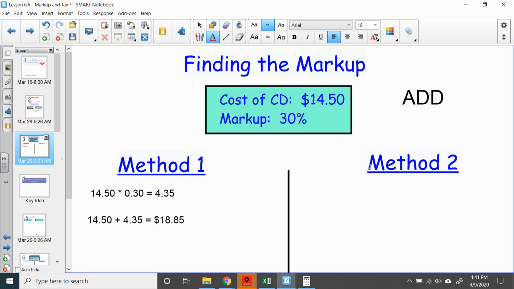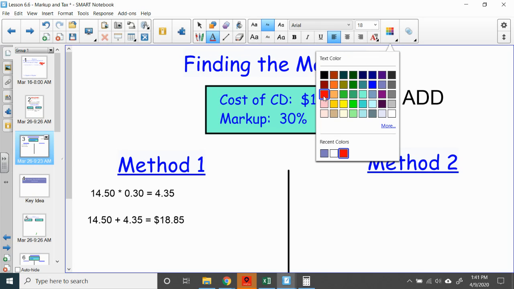Now, sometimes kids think about this question a little bit differently. So our second method, what you want to think about is you're paying for all of the CD. So you're paying for 100% of that CD, plus you're paying a 30% markup as well. So I want you to look at this.